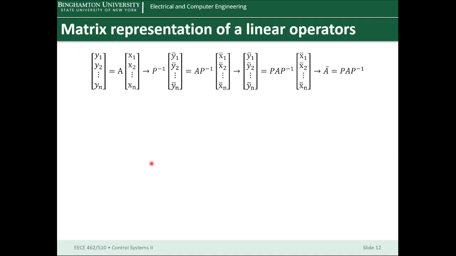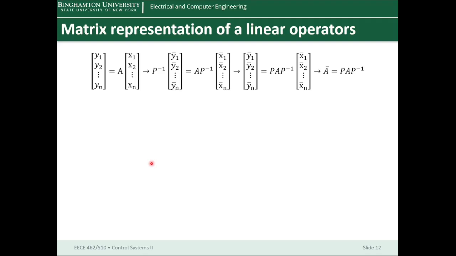Now let's connect everything we have said. Earlier, based on basis e1 through en, we defined the matrix form of our linear operator as A. So in that basis, the relation was the coordinate vector y equals A times coordinate vector x. But remember, we also know the relation between the old coordinates and the new coordinates.